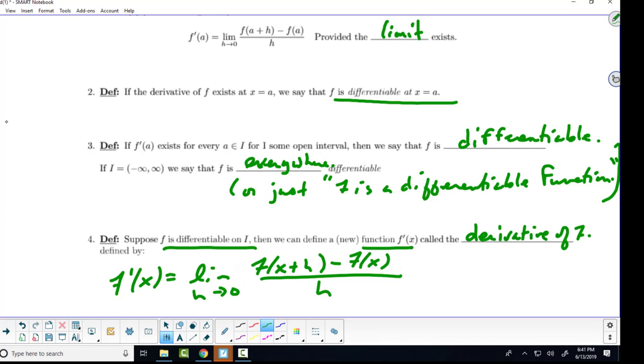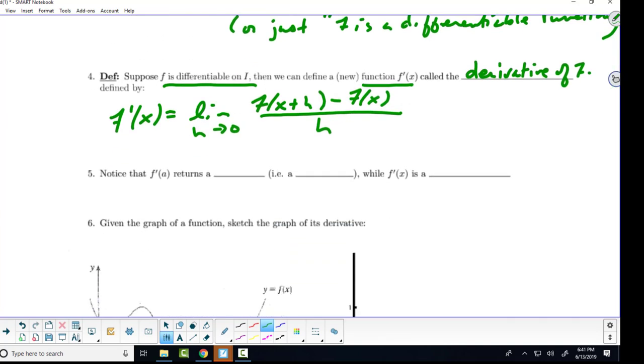This is absolutely critical going forward. It's absolutely critical that you realize that f prime of a returns a what? At its most basic level, what type of object is f prime of a? It is a slope, but a slope is a what type of object? It is the slope of the tangent line at that point.